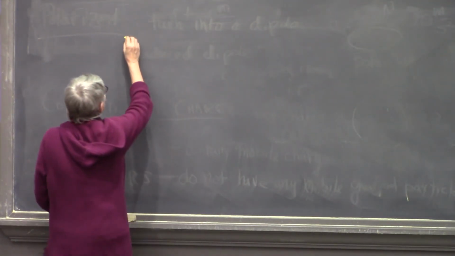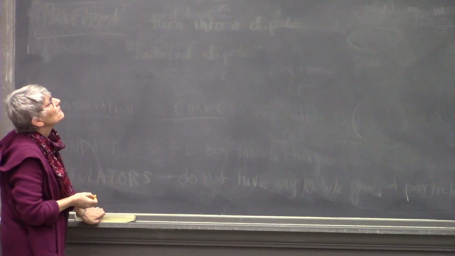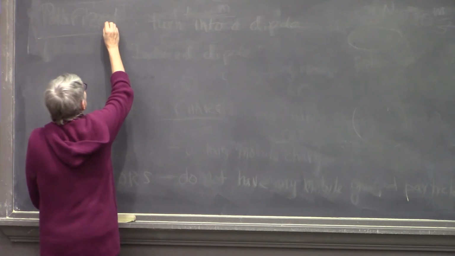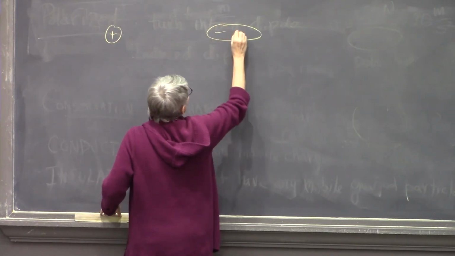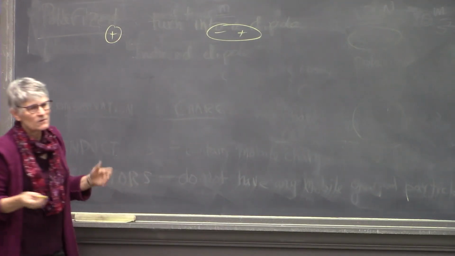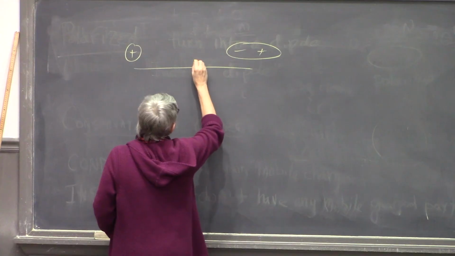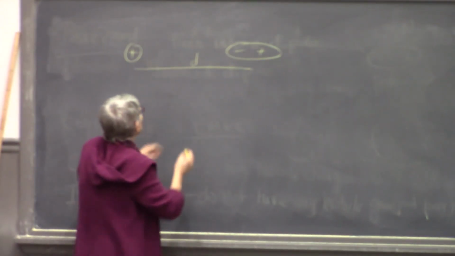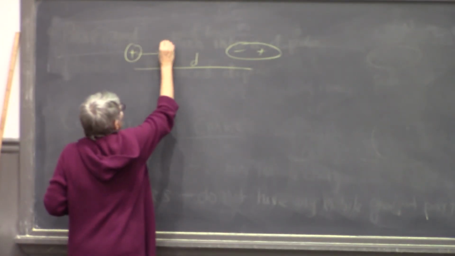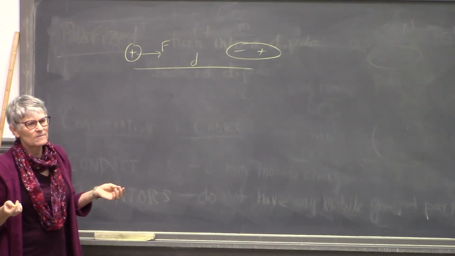Suppose we have a positive charge and it polarizes an atom and turns it into a dipole, and they're a distance d away. Let's say the force on the positive charge due to the dipole, how does it depend on the distance?